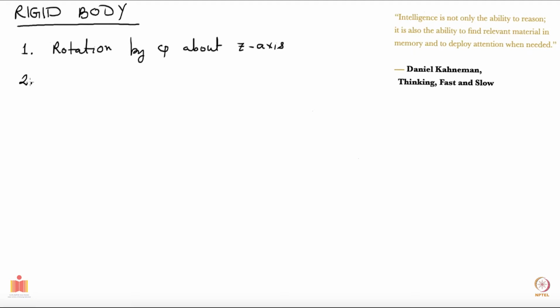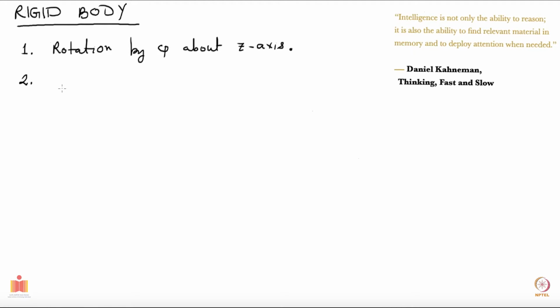Okay, once you are there, you do a rotation. Okay, and you take your z-axis and rotate by an angle theta about the line of node. Okay, so rotation by phi about z-axis, that one is good. So the rotation has happened in the xy plane.